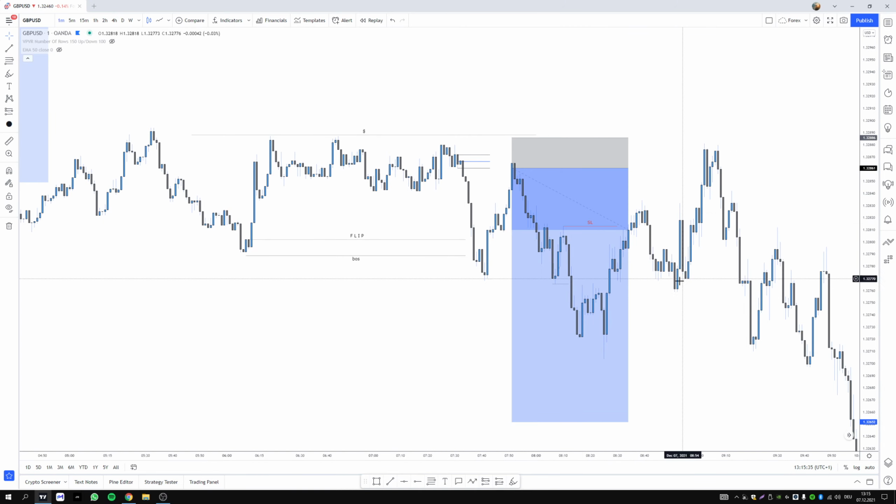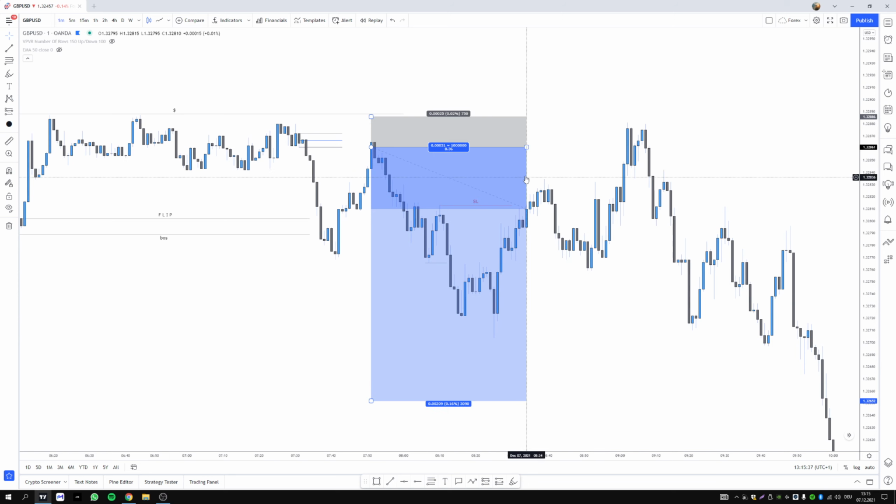So my stop loss is now here, we're in profit, and now price came down, went up again, and pushed down once again, and didn't manage to break this structure point right here.